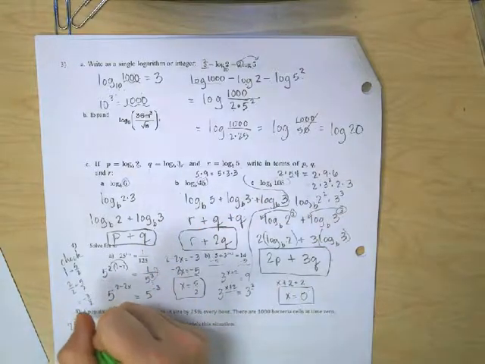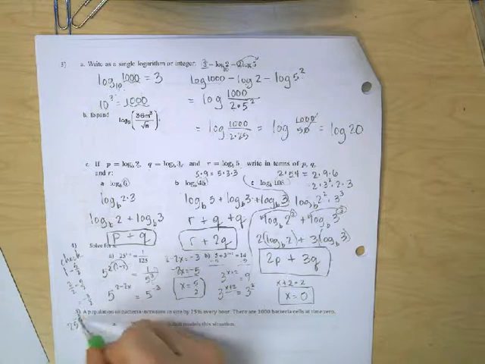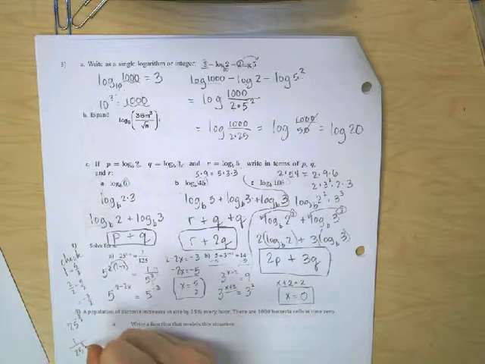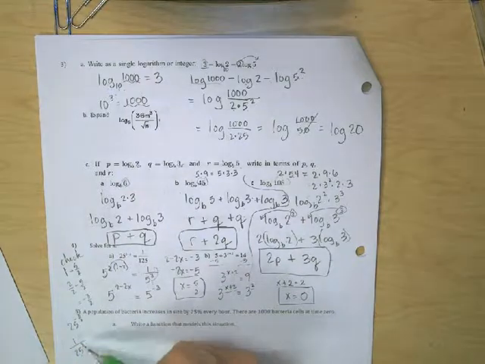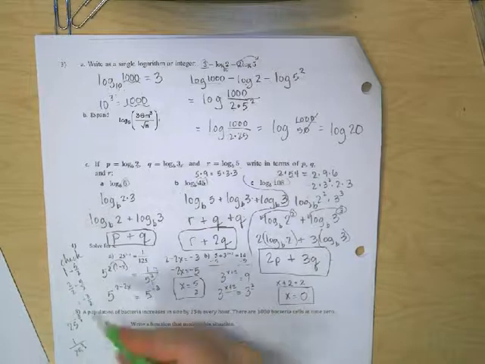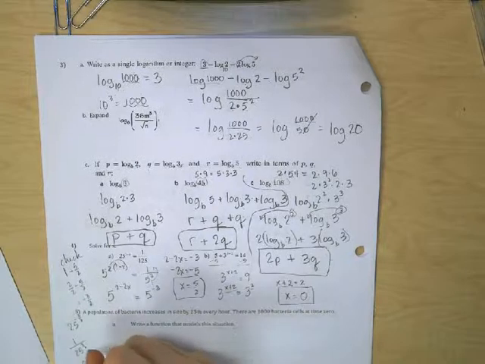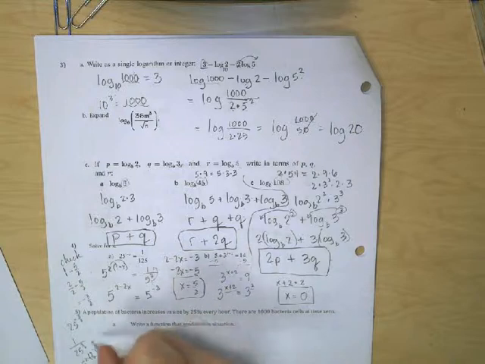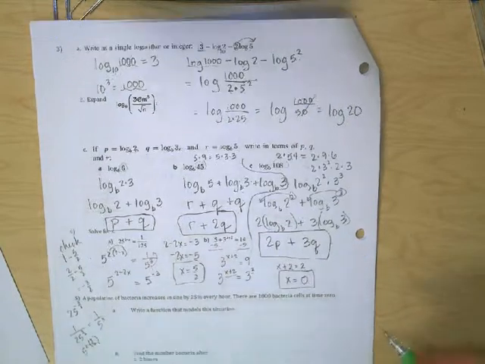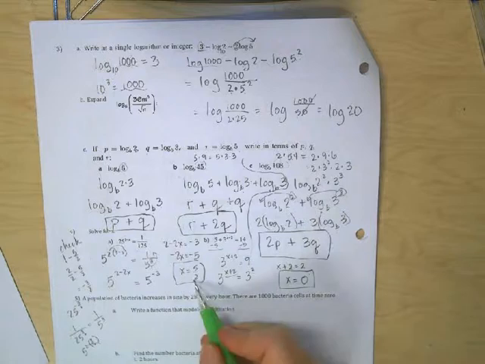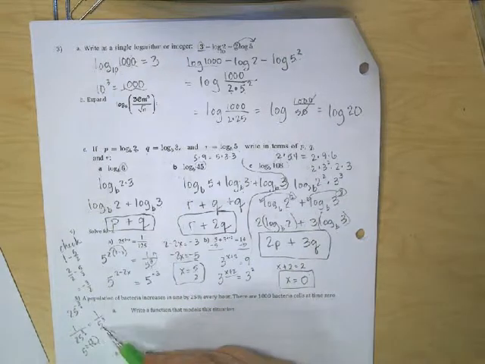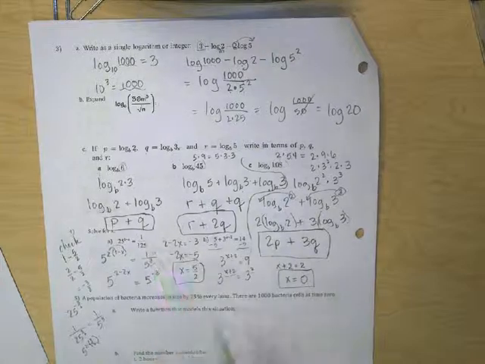I get rid of the negative by making it a fraction. 25 to the 3 halves. 25 is the same as 5 squared, times 3 halves. The 2's cancel out, and I'm left with 1 over 5 to the third. Okay, so that check is maybe a little too cumbersome. But anyway, it works. 1 over 5 to the third is the same as 1 over 125.